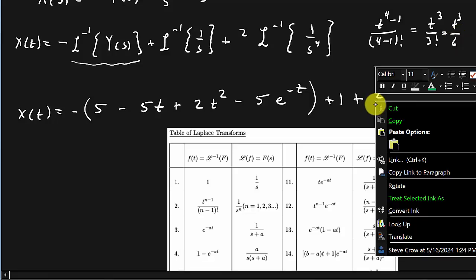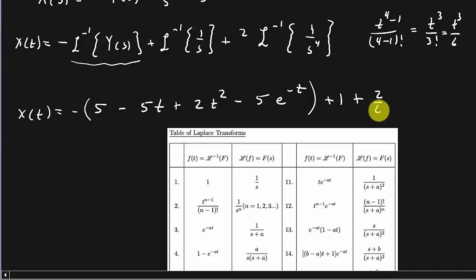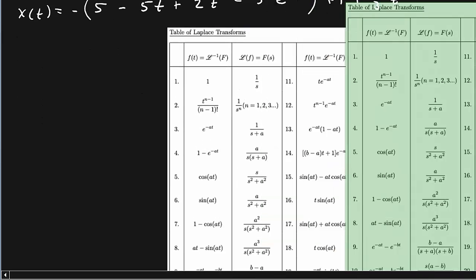So that's 2 over 6 times t cubed, and 2 over 6 is 1/3. And so let's get this back out of the way.